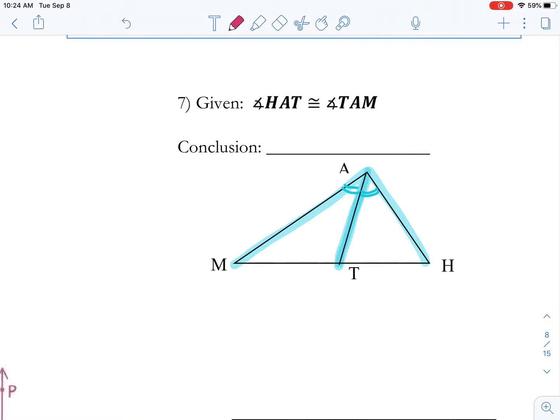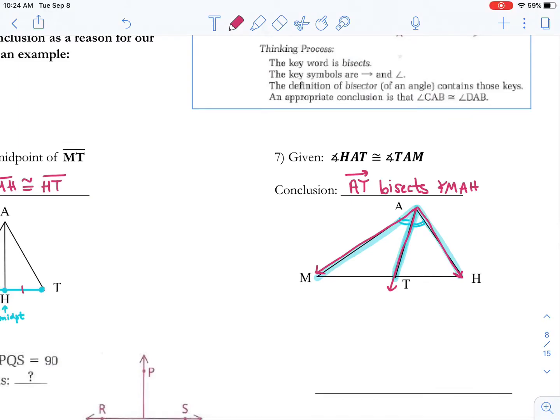Well, if we have two small angles that are congruent, then that means the big angle is being bisected. So we can say ray AT bisects that big angle MAH. Again, using that definition of an angle bisector.